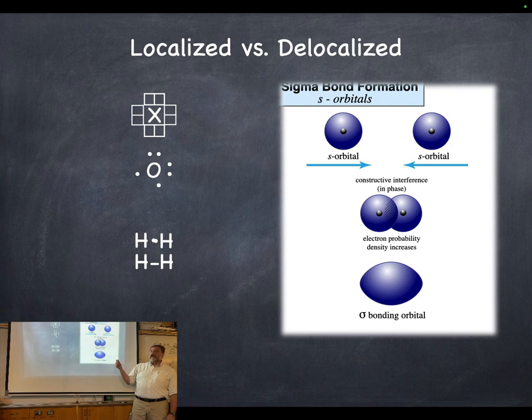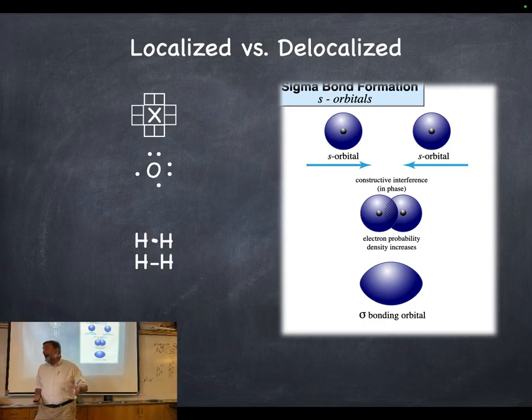And a delocalized model is a better model for understanding how atoms form molecules. And there's a whole branch of chemistry that deals with these types of what we would call molecular orbitals. We'll talk a teensy bit about it later on.